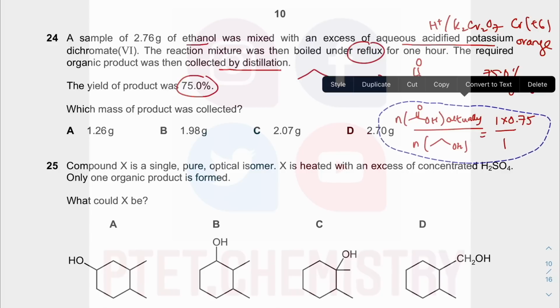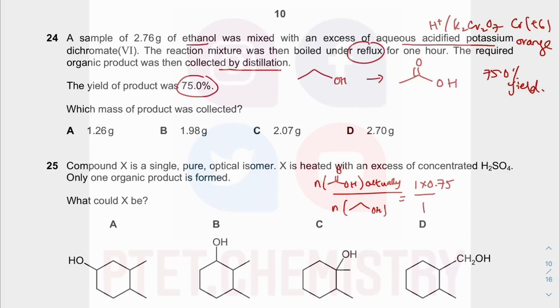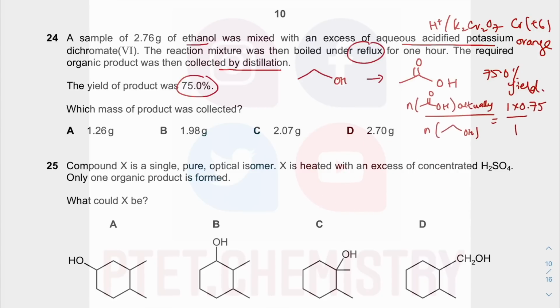I really run out of space here, so I just put it up here. Usually I'll have another equation on the right to represent the actual amount of the acid and the alcohol. I use 2.76 grams of the alcohol.